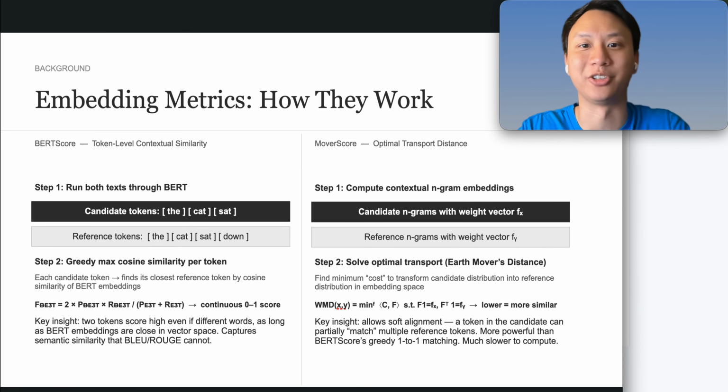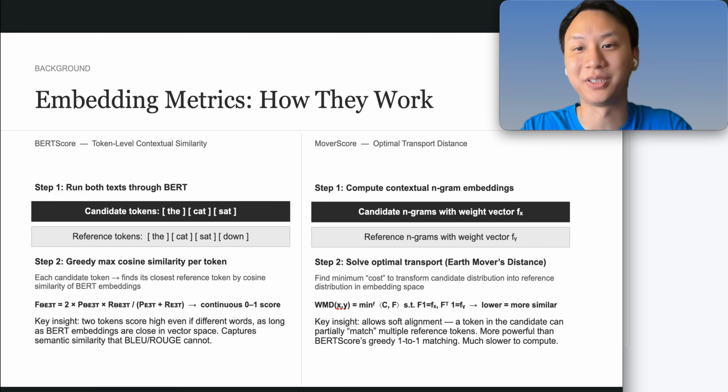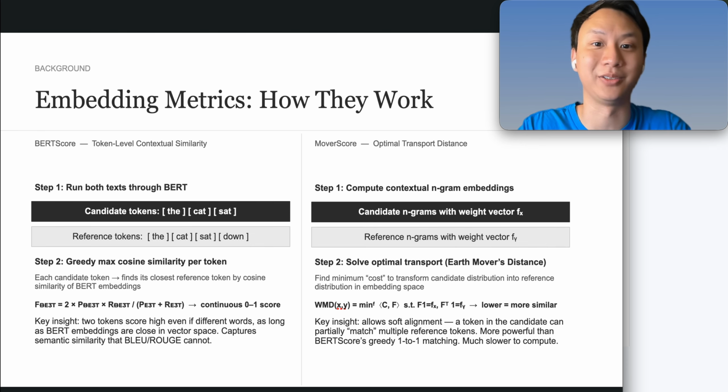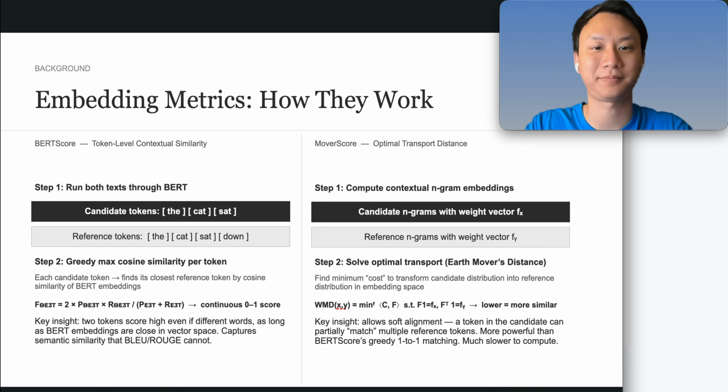So you can imagine it's like you have a triangle and you have two lines, right? One is the candidate and one is the reference, and you draw a third line to close off the triangle, and that third line is the distance between your candidate response and your reference. And the smaller that distance is, the better your actual score would be.